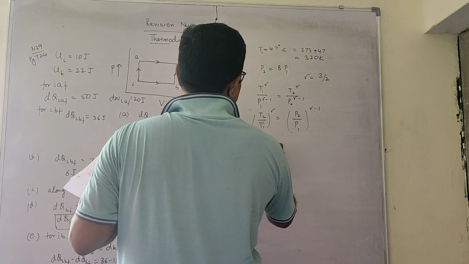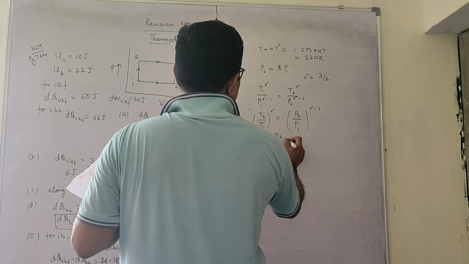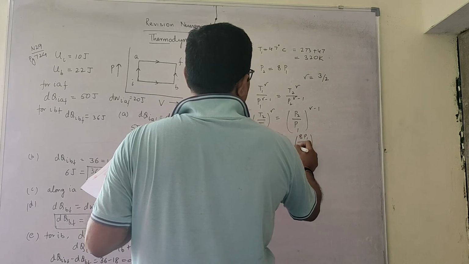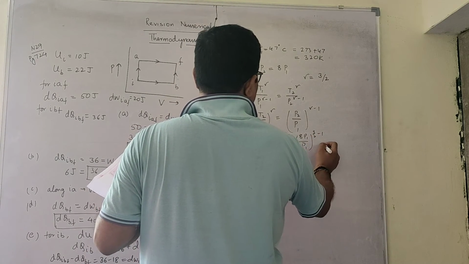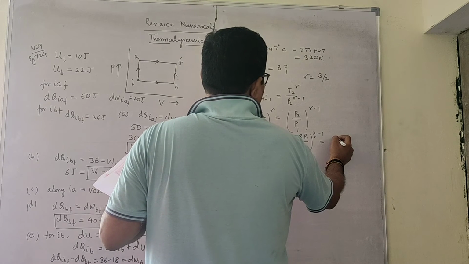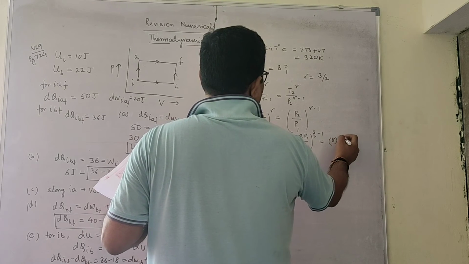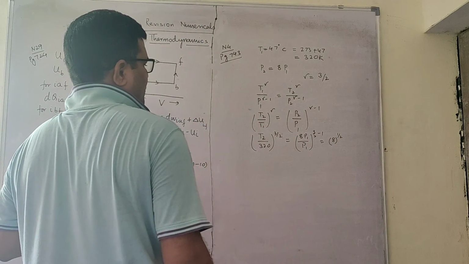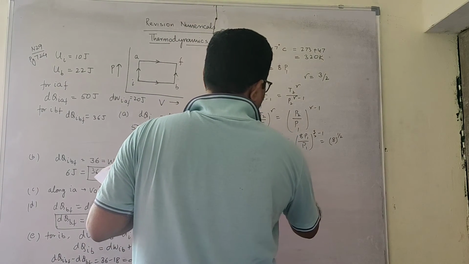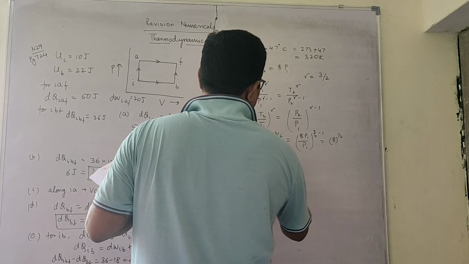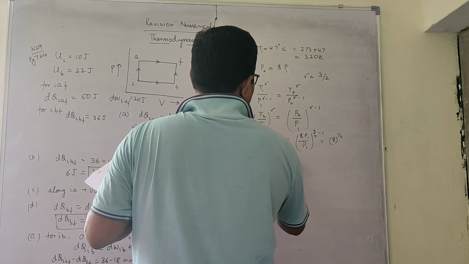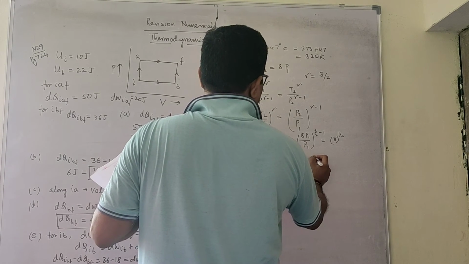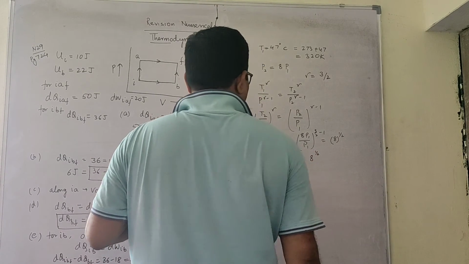T1 is 320. Gamma is 3/2. P2 is 8 times P1. So the power is (3/2 minus 1) upon 3/2, that is 8 to the power 1/3. You have to solve this.